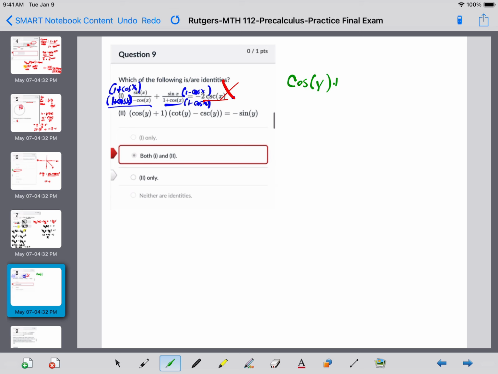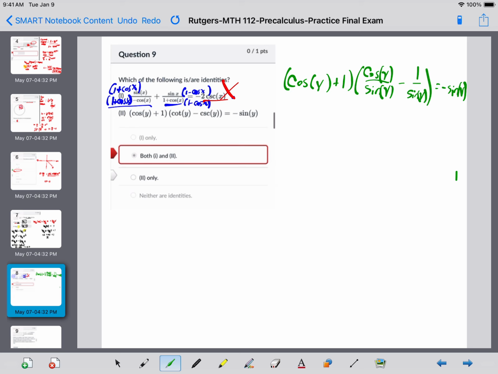So cosine of y plus 1 times cotangent of y, which is cosine over sine, minus cosecant, which is 1 over sine, equals negative sine y.